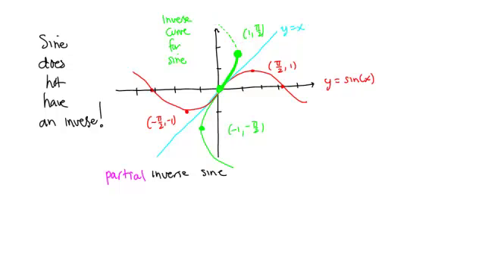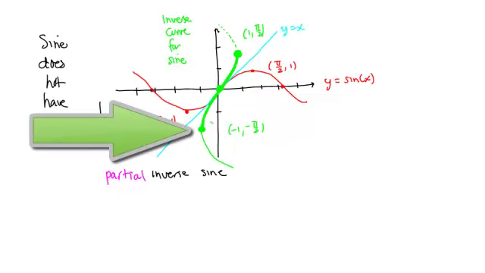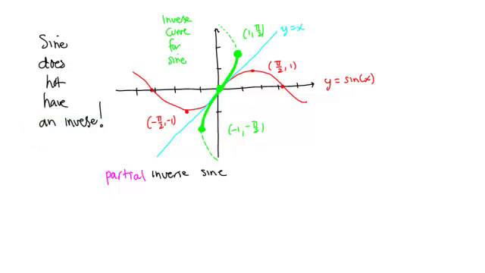On the other hand, if we go back to the origin and follow our inverse curve down, we can get all the way down to this bending point right here at negative 1, negative pi over 2, but then everything below that will have to be tossed out so that we don't violate the vertical line test. And so this graph right here is going to be our partial inverse sine function. And we're going to call this curve the arcsine, y equals arcsine of x.